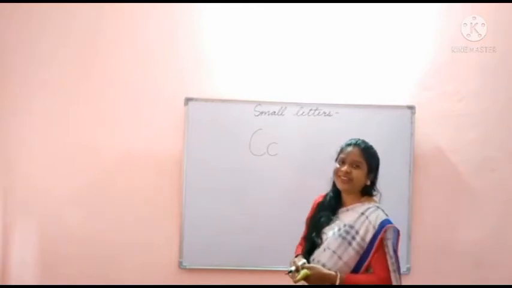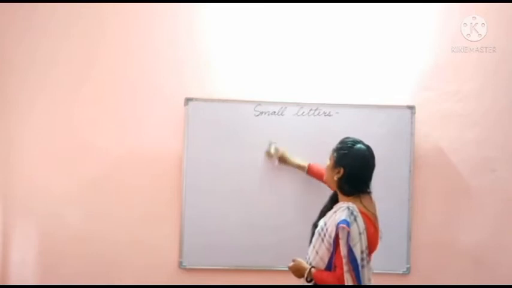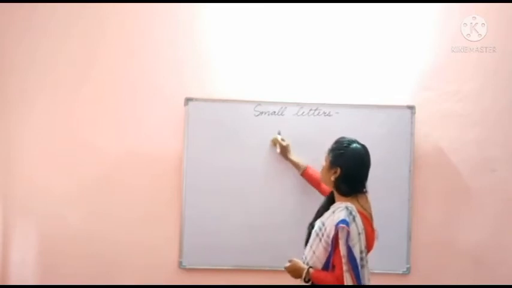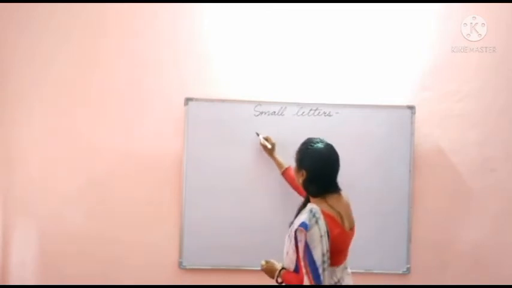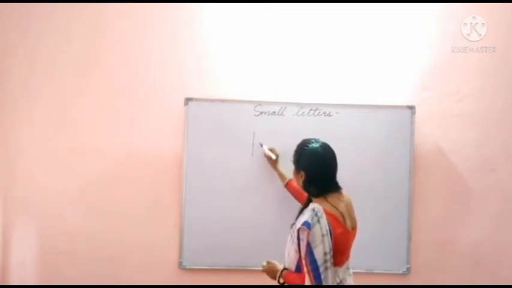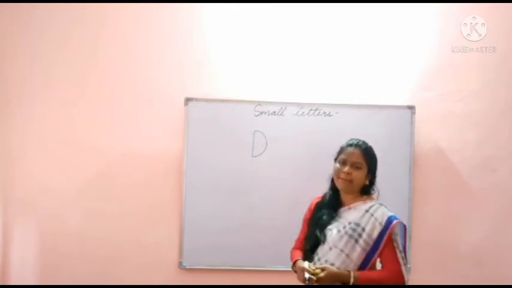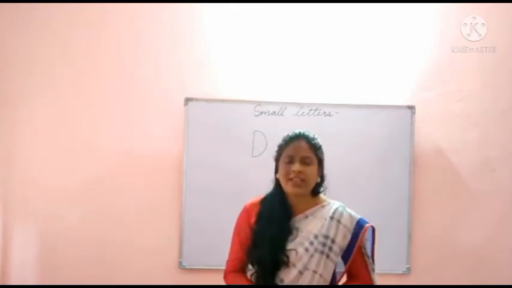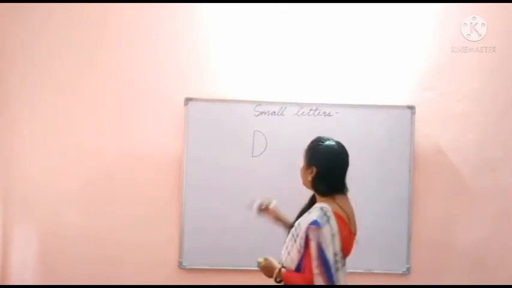Easy, no? Okay. Now we write the letter D. How to make the small letter D? So, standing line and a big curve joining the standing line makes the capital letter D. And how to write small letter D?